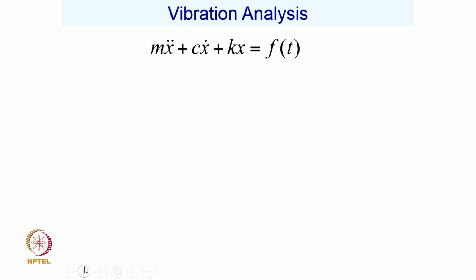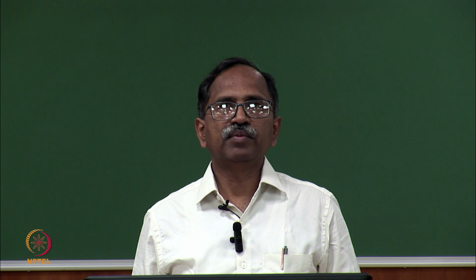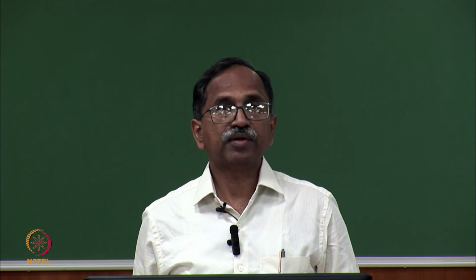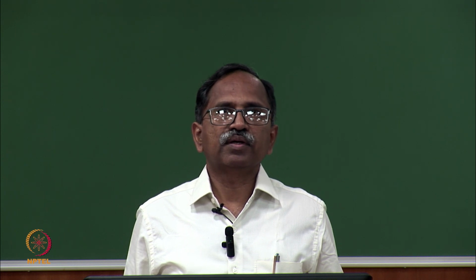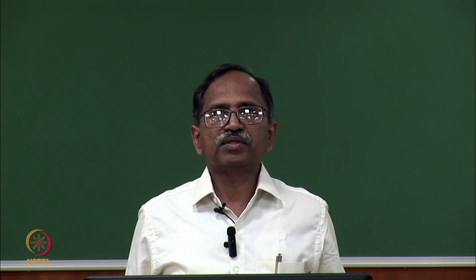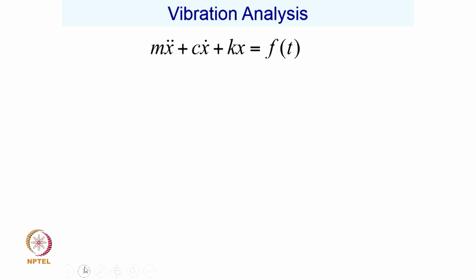Okay, so we have discussed the various elements of a typical vibratory system: a damping element, a stiffness element, which is a spring in a simpler sense, and an inertia element.